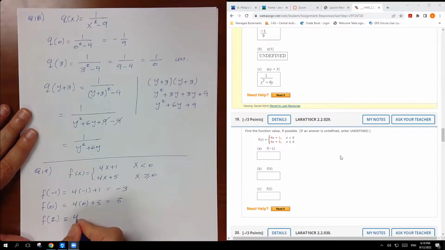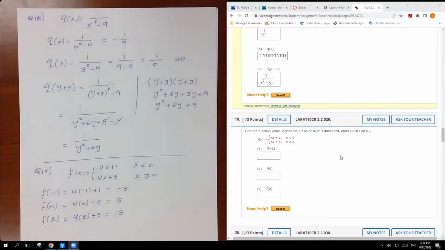So it's going to be 4 times 2 plus 5. 4 times 2 is going to be 8. 8 plus 5 is going to be 13. That's it for this example. So we're going to type here negative 3, 5, and 13.